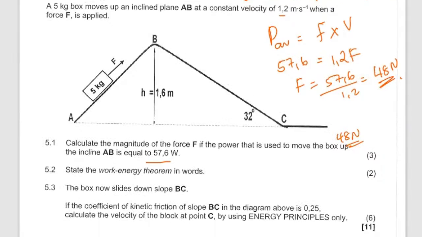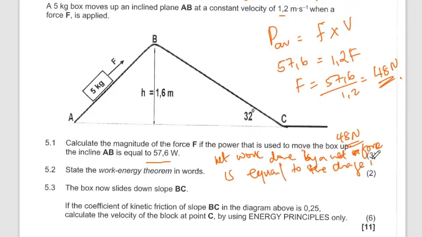Then they want us to state the work energy theorem. So this tells us that the net work done, okay, the net work done by the net force is equal to the change in energy.